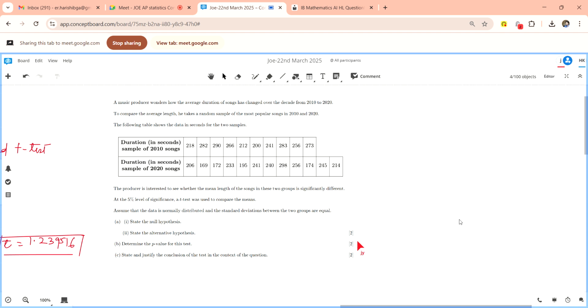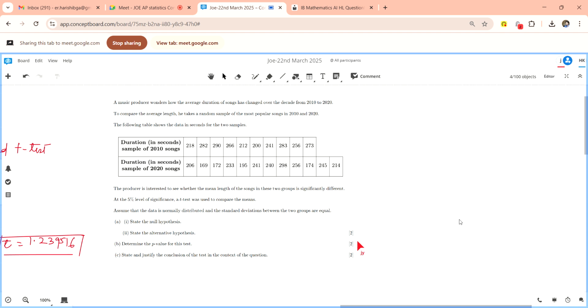The following table shows the data in seconds for the two samples: the duration in seconds of a sample of 2010 songs and the duration in seconds of a sample of 2020 songs, which are popular this year. The producer is interested to see whether the mean lengths of the songs in these two groups are significantly different.